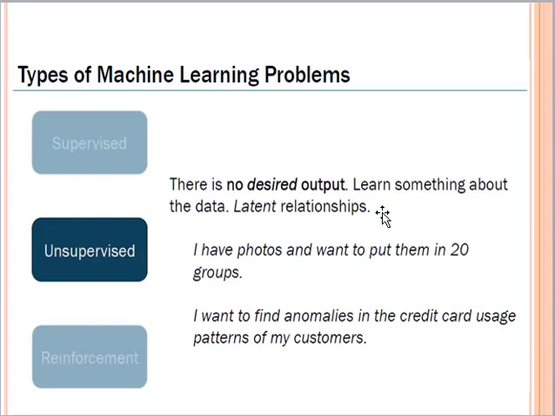For example, I have photos and want to put them in 20 groups, right? I don't know which photo belongs to which category or class, so I want to group or make clusters of these different photos into multiple groups, maybe 20. This is basically the target of the unsupervised learning domain.